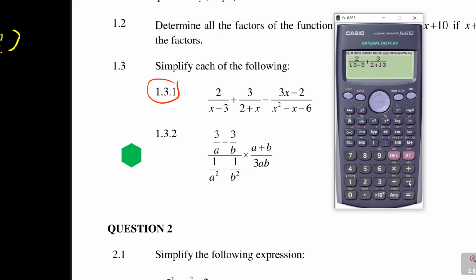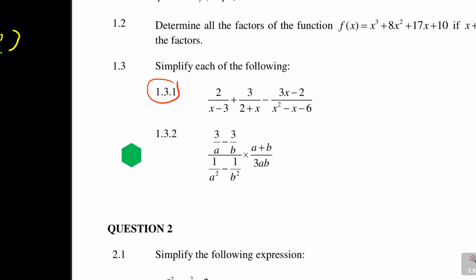Then minus 3 bracket 13, close the bracket, minus 2 over 13 squared, sometimes it's good to put a bracket, minus 13 minus 6. Now check this, 23 over what? 150. So that is 23 over 150.